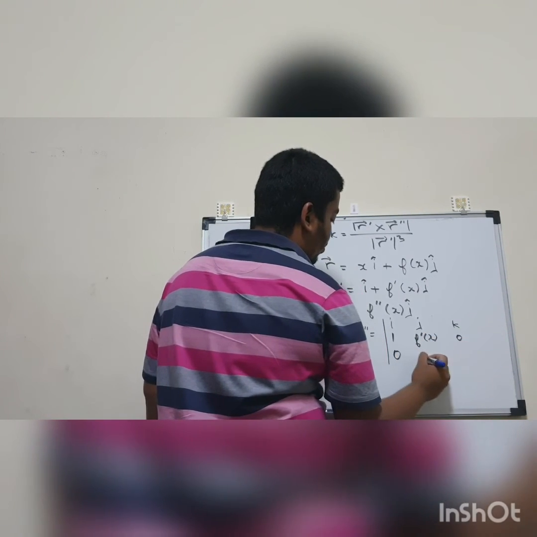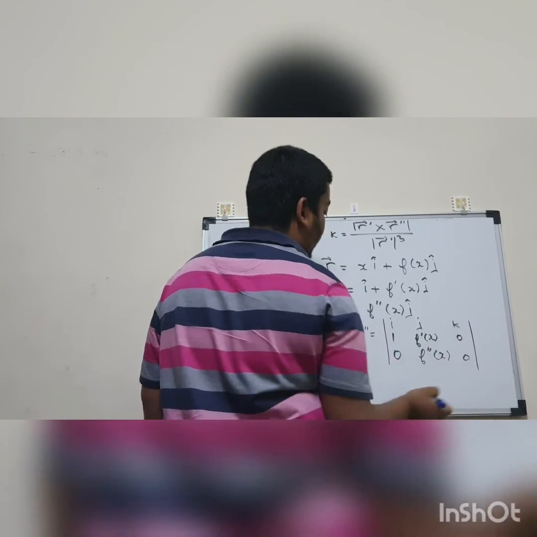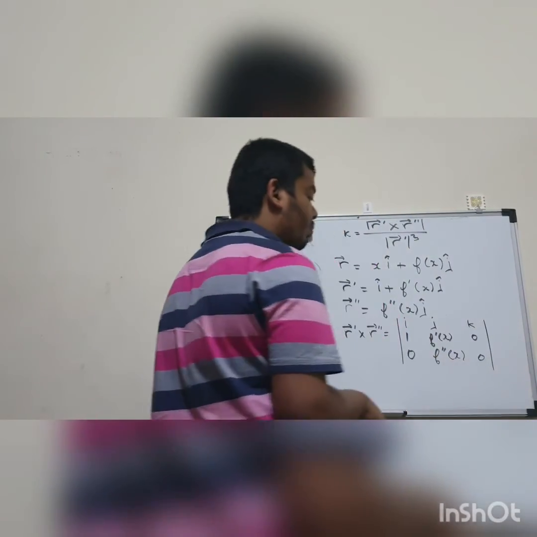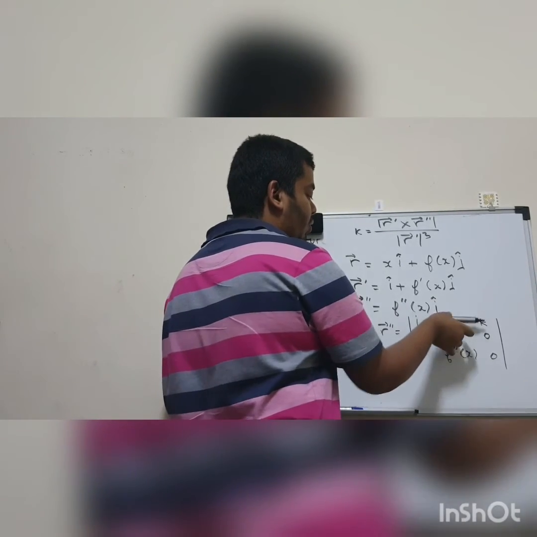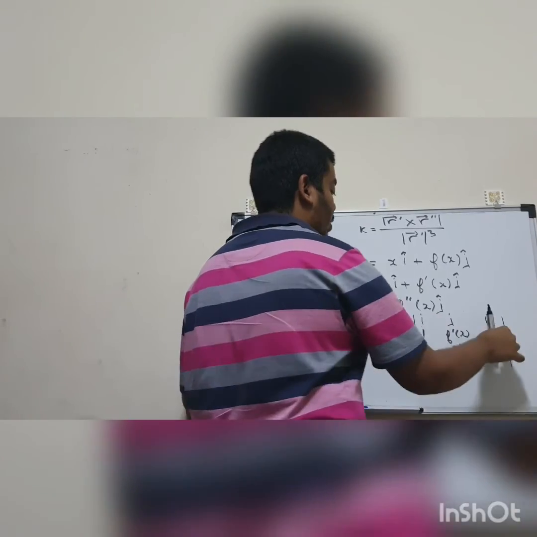We will have 0, f double prime of x, and then we'll have 0. Okay, now let's see. The i and the j component obviously will go off, because if you cover this and cover this, you'll be left with 0. Cover this and cover this, you'll be left with 0. Now let's cover this.